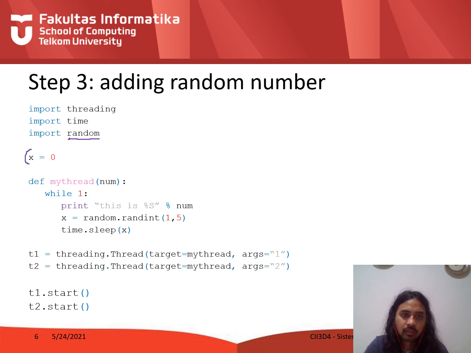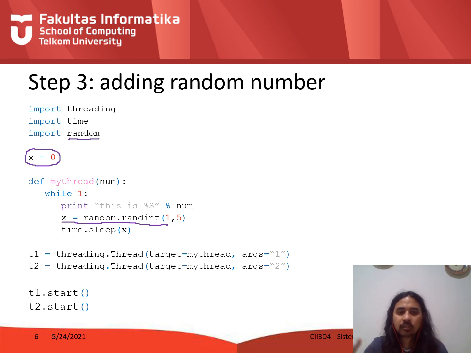So we write x = 0 to declare it, and then inside the loop we set x = random.randint(1, 5), which generates a value between 1 and 5. Then we use this random variable inside time.sleep.